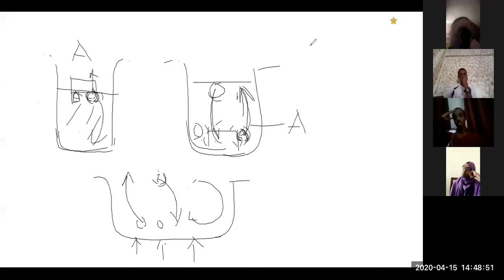Just a minute. We expect this one, which is being heated, and then the ice melts. It cools the liquid below, and then it will fall down.